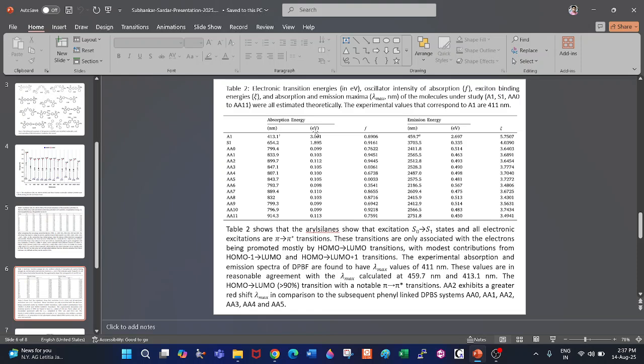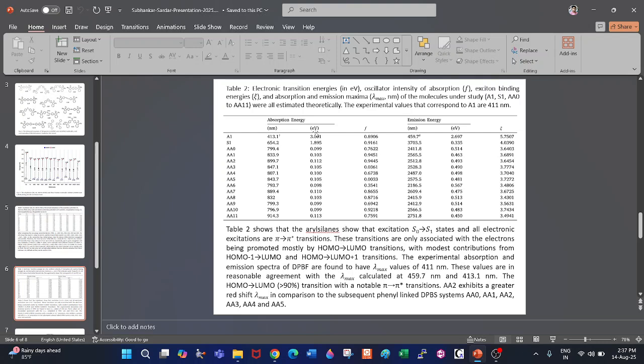These transitions are associated with electrons being promoted mostly from HOMO to LUMO, and some fewer transitions we have observed were HOMO-1 to LUMO and HOMO to LUMO+1. The experimental absorption and emission spectra of DPBF are found at a lambda max value of 411 nanometer.